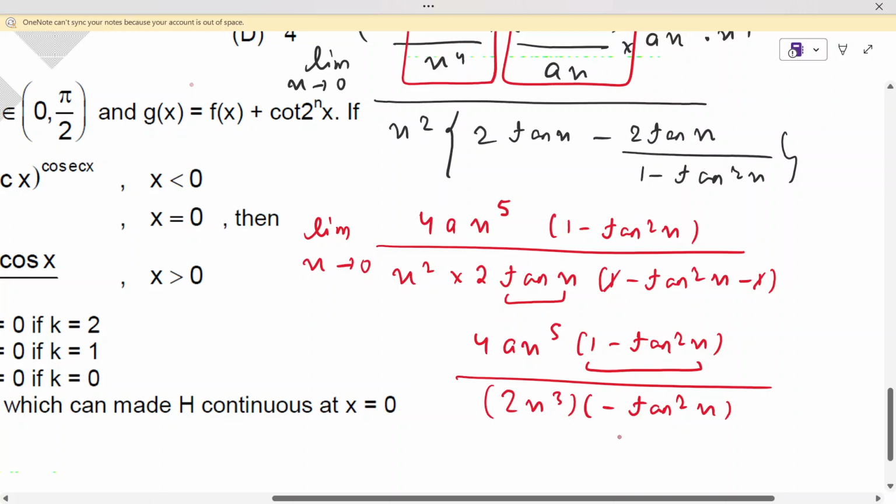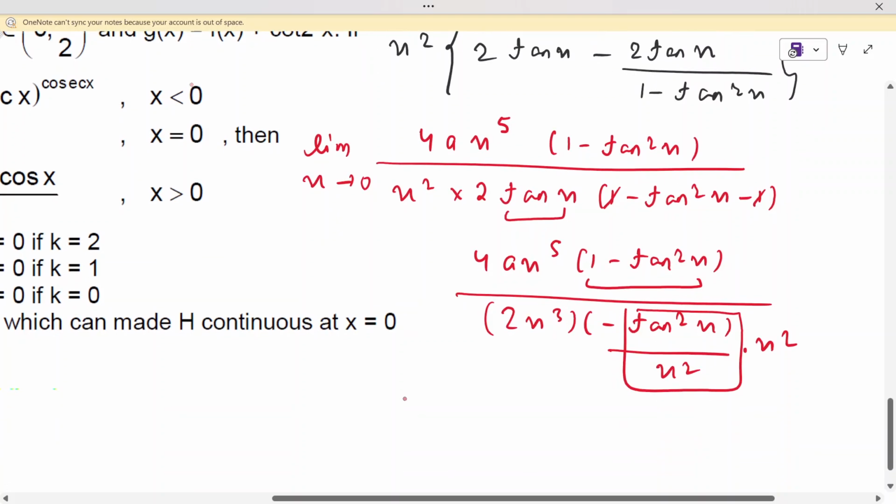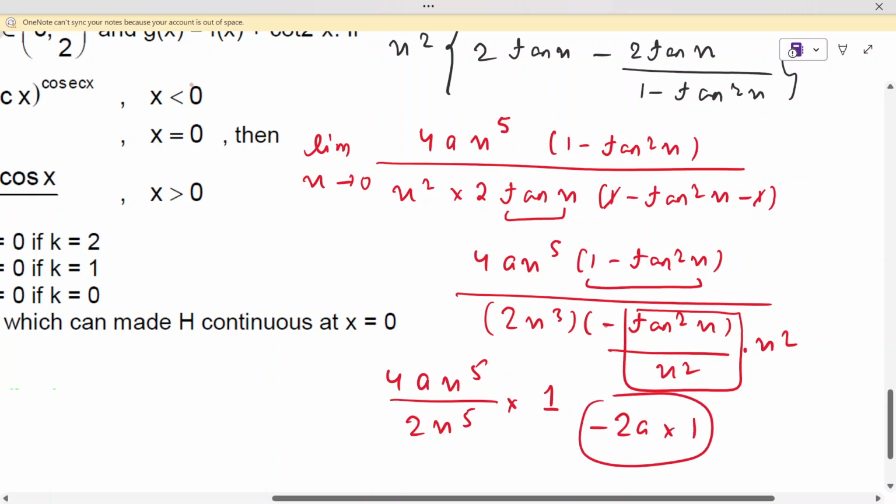This is not tending to 0, you can easily see. Again this goes to 1. Now we have simply 4ax to the power 5 upon 2x to the power 5 into this, which will tend to 1, so there are no worries. So it is 2a into 1, right? Minus, actually my negative as well, this negative side. Minus 2a. Got it? So minus 2a.